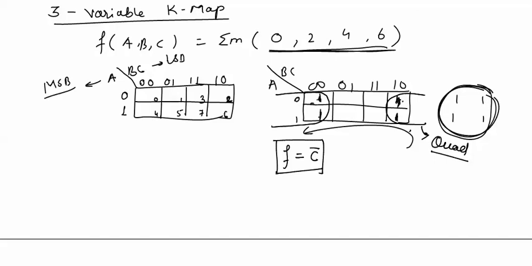Now we will see some more examples. Simplify F as a function of A, B, C equal to summation M 0, 1, 3, 6.